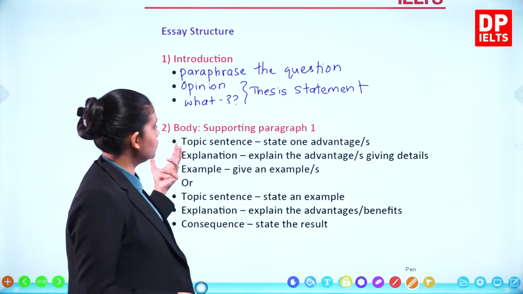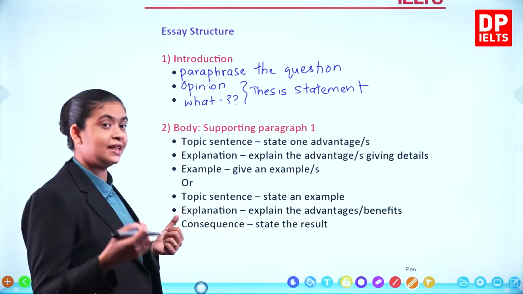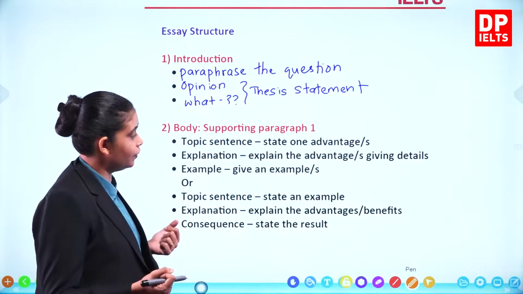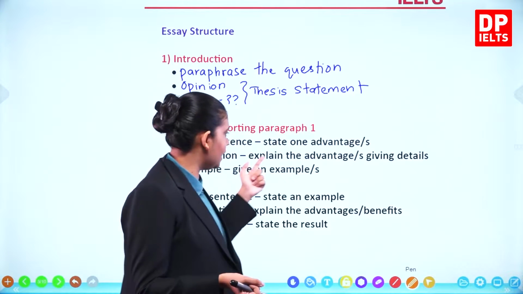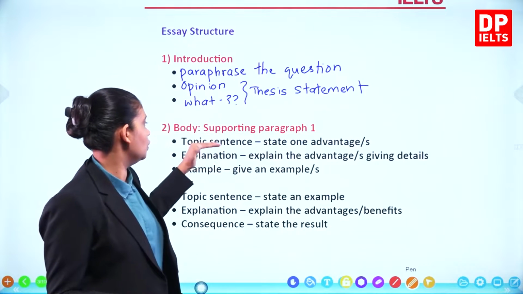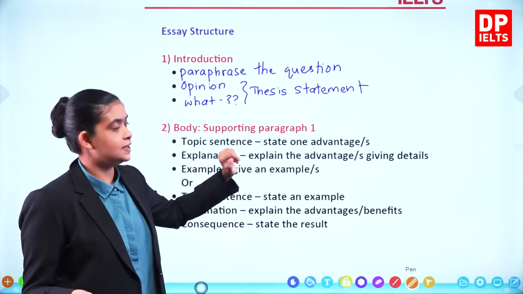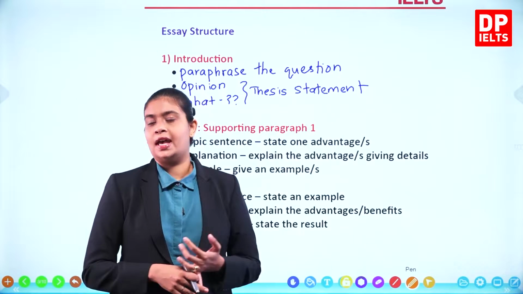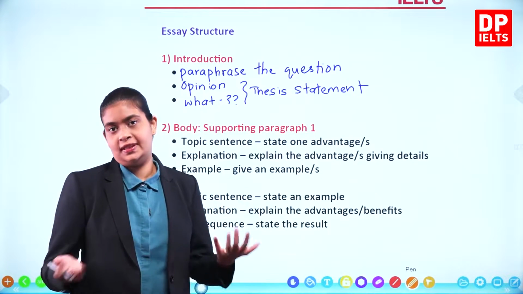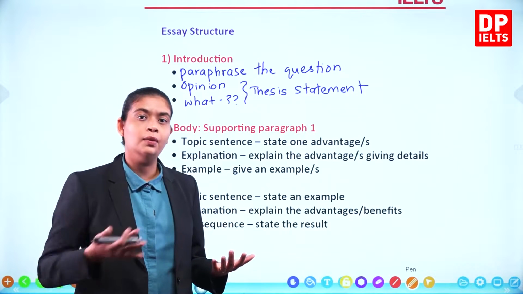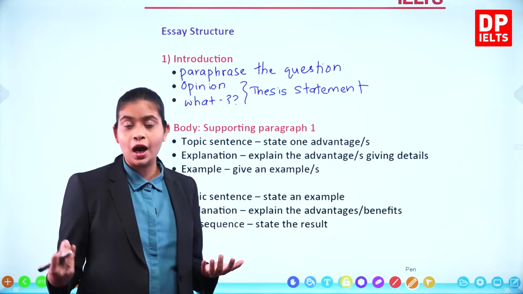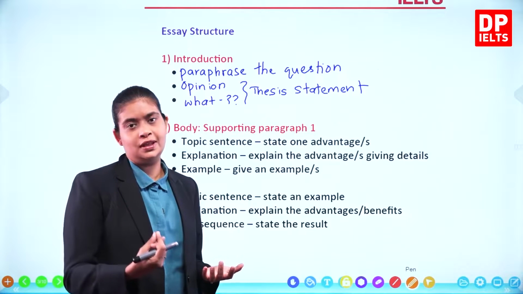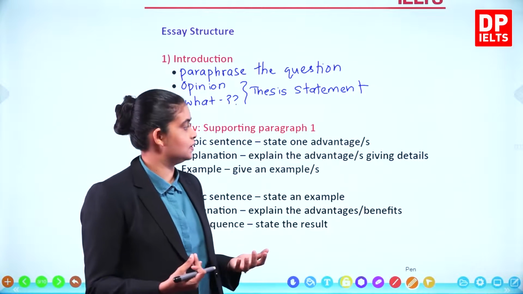You have a topic sentence, so you tell us what exactly you're going to write in that paragraph, and then you explain the advantage. So your topic sentence, for example, could say, individuals have advantages by using the internet. There we would be only talking about how useful the internet is for individuals.